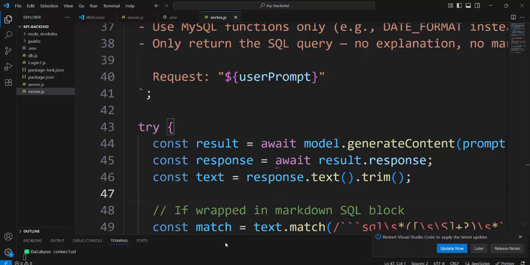Generation is always a property of an LLM, a large language model, because only a large language model can generate new content, something new: video, image, or in this situation, SQL text generation.